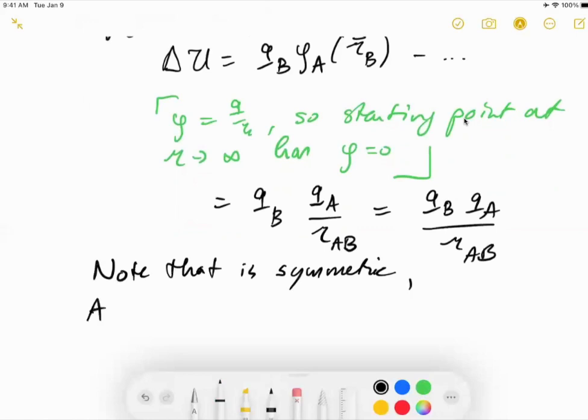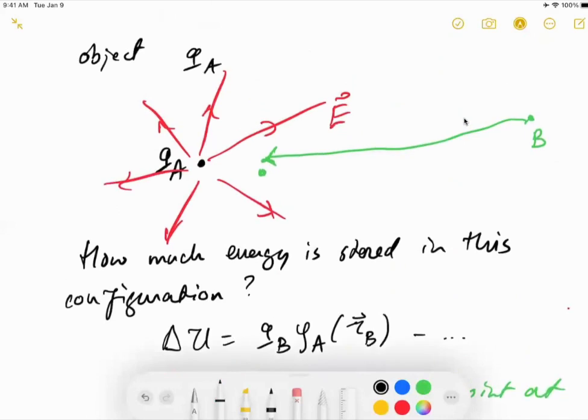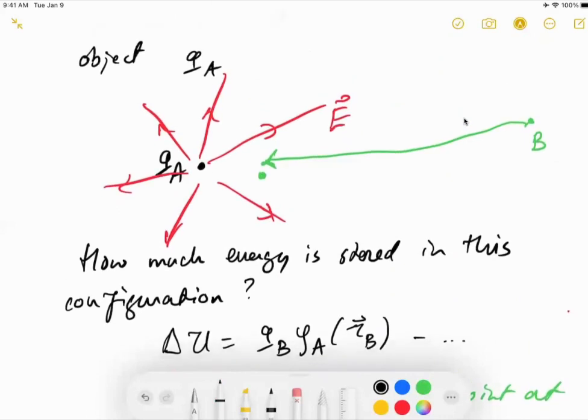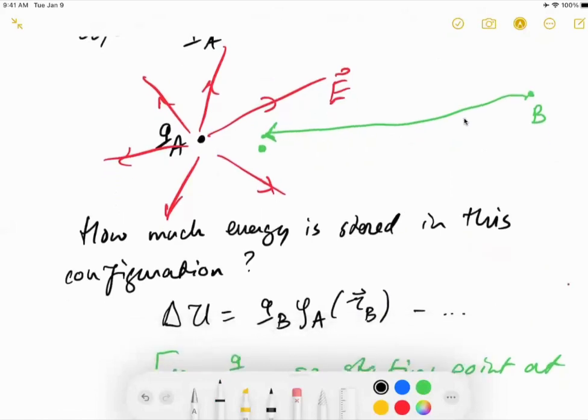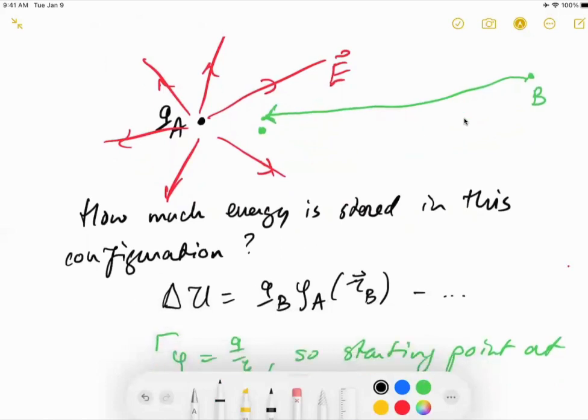If you replace your A with a B, you get the same answer. Hopefully that should be obvious, because if instead of having particle B move into the field of particle A, we take the point of view that particle B generates an electric field and we move particle A into it, then the potential generated by point B would be QB over the distance, and the distance is the same for both.